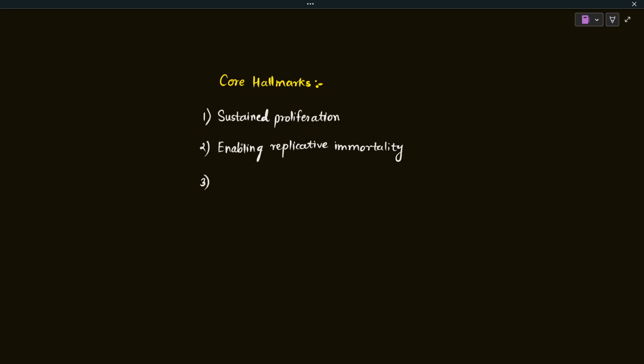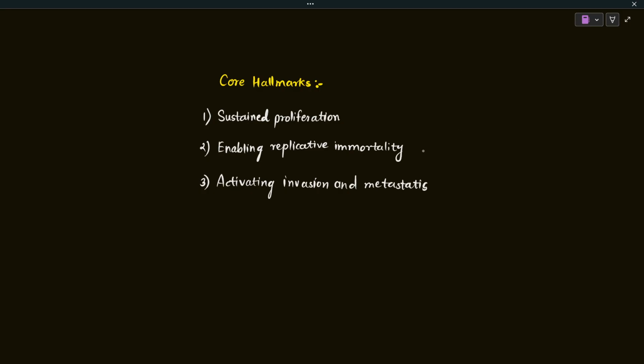The very important hallmark that we should not forget is that they activate invasion and metastasis. Activating invasion and metastasis is also an important characteristic which defines cancer cells.